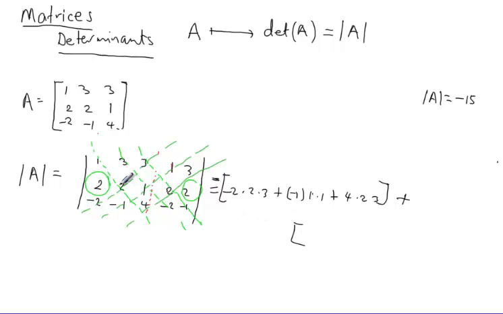Right. Then you get there 1, 1, 2, 4 plus 3, 1 minus 2 plus 3, 2 minus. Sorry, that's wrong. The way I've written it is not right. I need a bracket there.